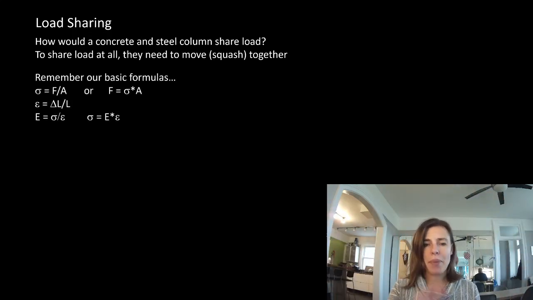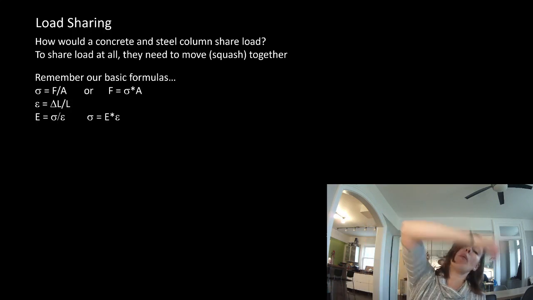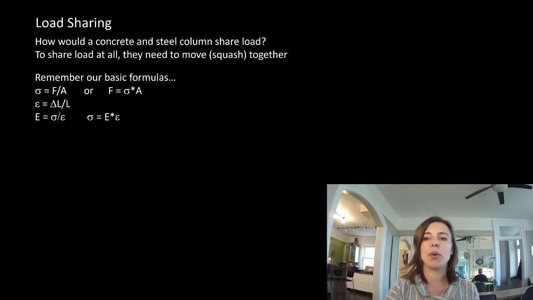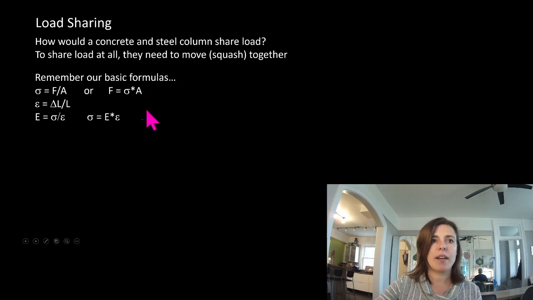If we remember our basic formulas going way back early in the term, stress was force divided by area, or you could rewrite that as force equals stress times area. We know that strain is delta L divided by L, and we know that E, or the modulus of elasticity, is stress divided by strain.